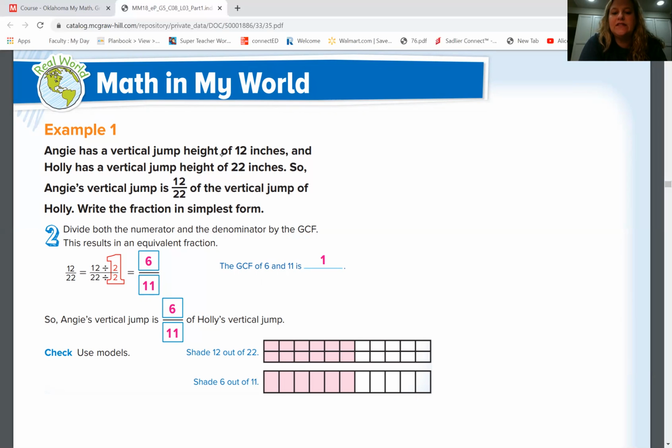They're equal in this model, but they're also equal on paper because we divided the numerator and the denominator by the same number. You cannot divide the numerator by one number and the denominator by another. It has to be a common factor. If it's the greatest common factor, then it's very simple. You're immediately in simplest form.